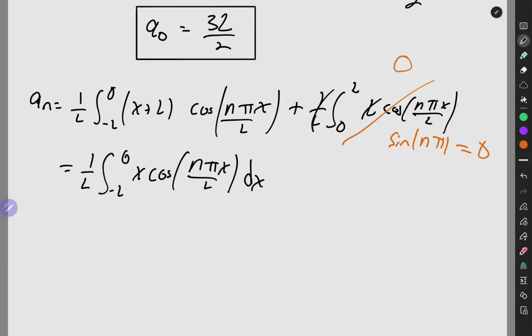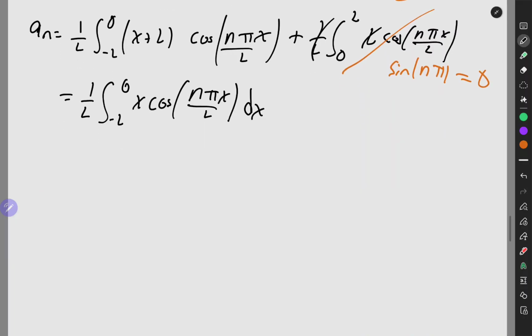Remember, sine of negative n pi, because that's what we're going to end up with over here, is negative sine of n pi. It's still going to be 0. So this is all we're left with. Let's integrate.